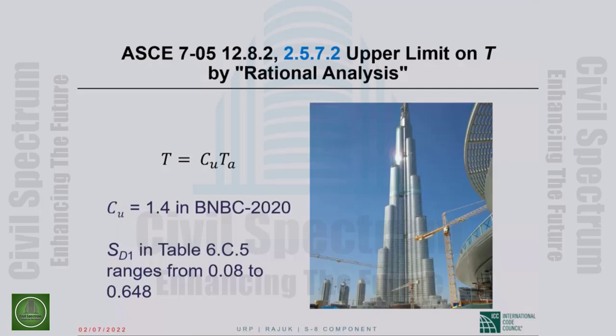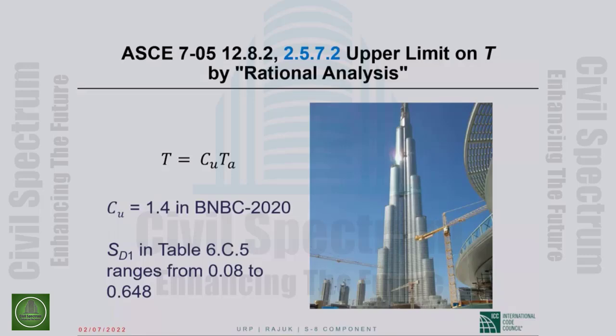Okay. Now the C sub U in BNBC 2020 is a fixed 1.4. So no matter how much you have calculated your period to be, you cannot take a period more than 140% of T sub A. Now that is true only when it comes to the design forces.